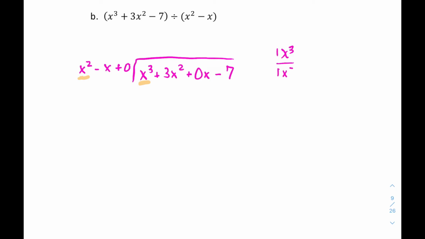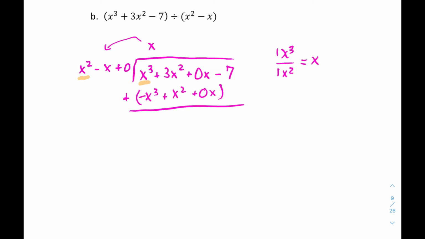So take your first term on the inside, divide it by your first term on the outside, you just get x. Multiply it back, gives you x cubed minus x squared plus 0x. And then you are subtracting all of that, which means change all your signs, you will end up with 4x squared plus 0x minus 7.